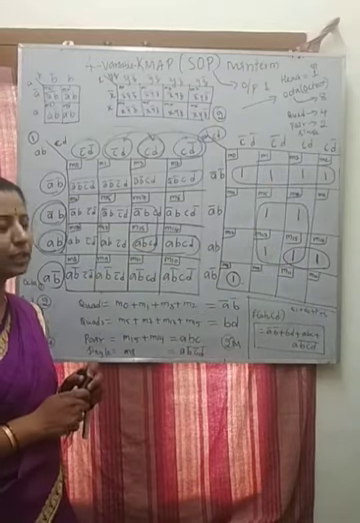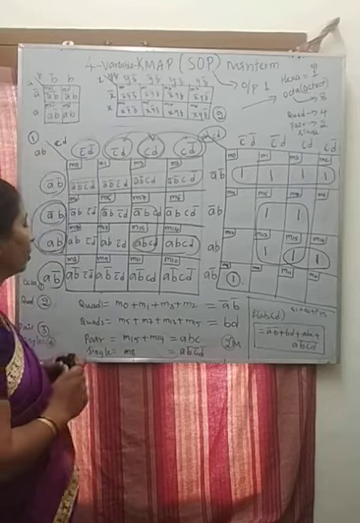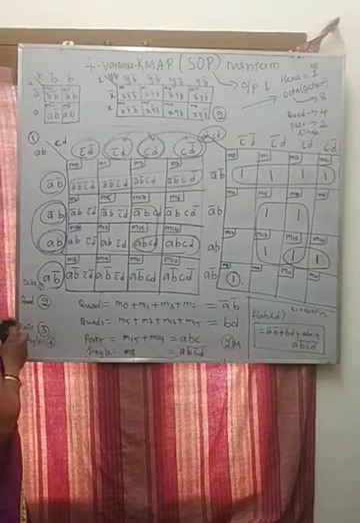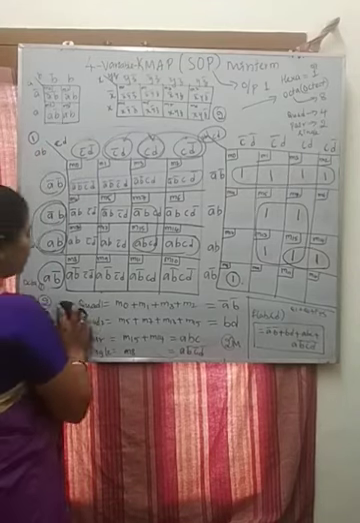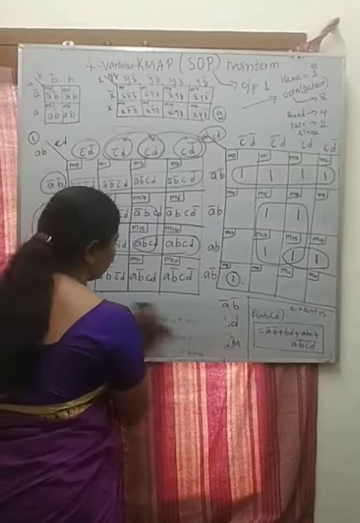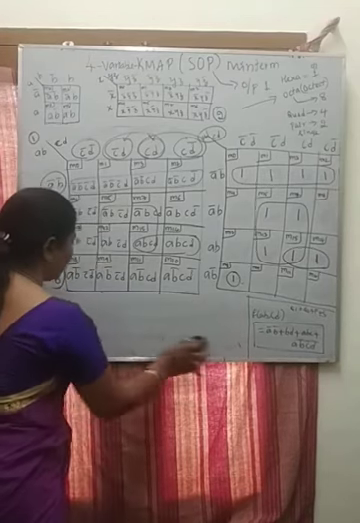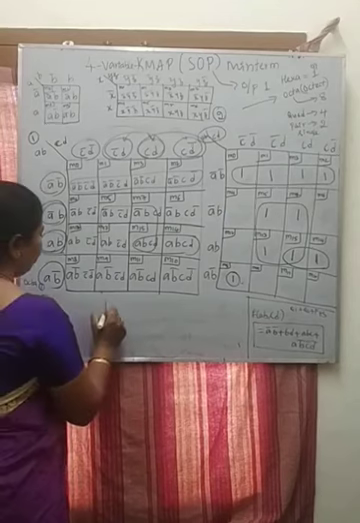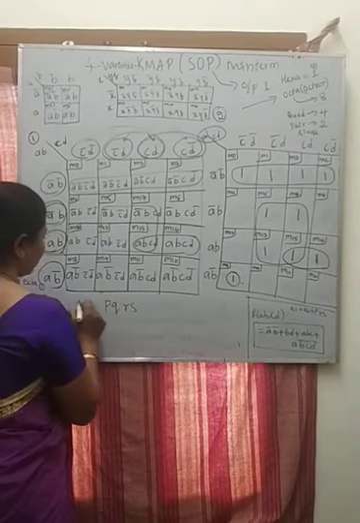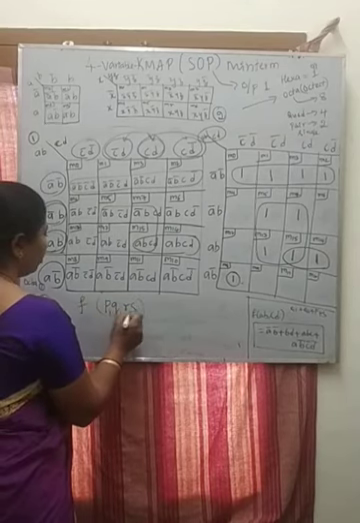But notice what variables they have given. If they have given f of a, b, c, d, then use a, b, c, d. Suppose they have given p, q, r, s, f of p, q, r, s.